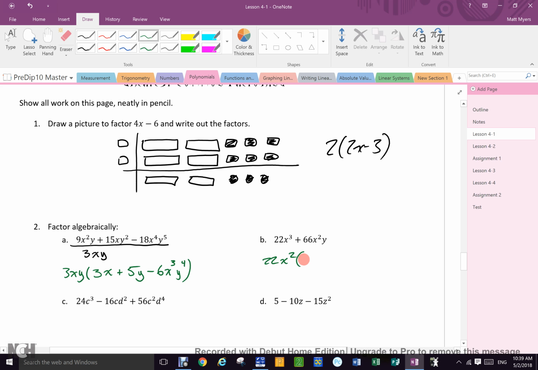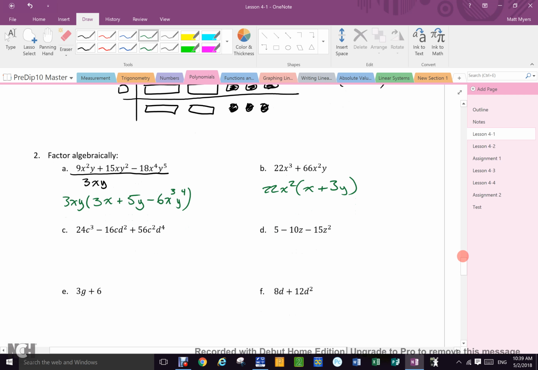And in here, x, 3y. What's this one? 8c. Then 3c squared, 2d squared, plus 7cd to the 4th.